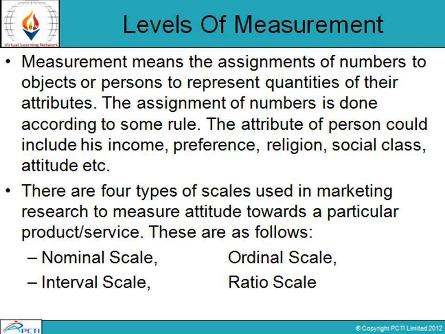The common mathematical operations like addition, subtraction, multiplication and division cannot be used with ranked data. However, statistical procedures based on interpretation of greater than or less than are permissible in the case of ordinal scale.